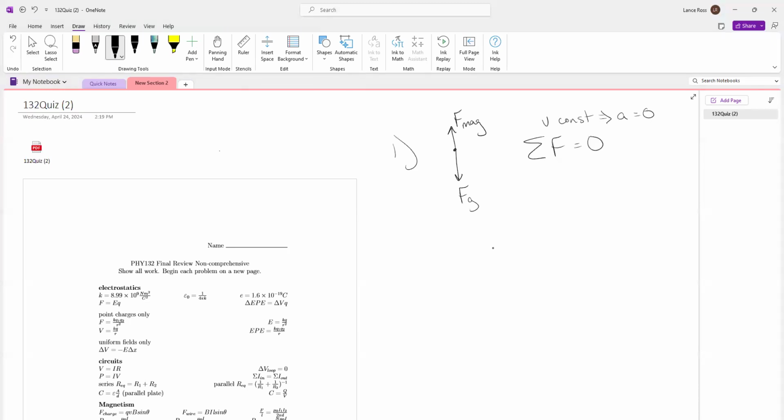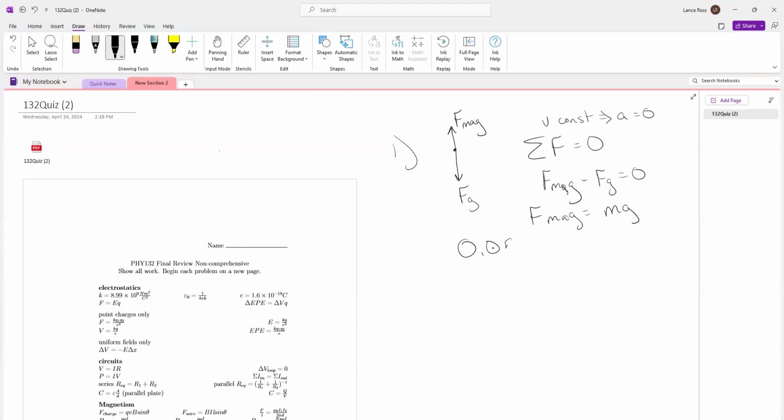So our sum of forces is 0. Magnetic force minus the gravitational force equals 0. Magnetic force is equal to mg.